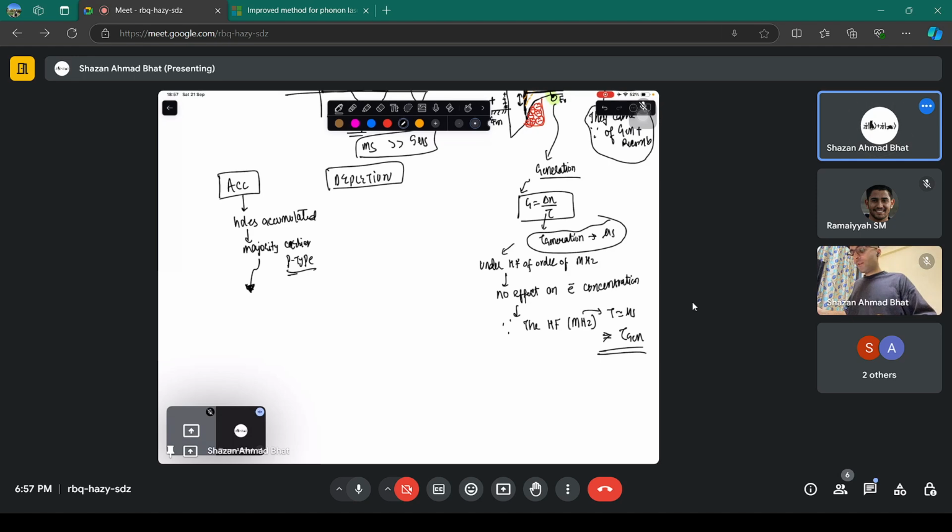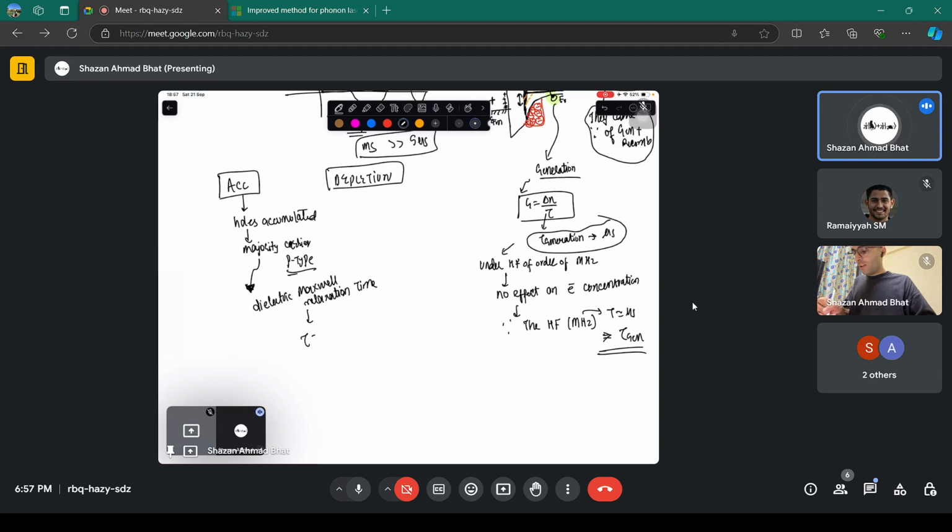And why do they quickly respond? Because there are majority holes present in that system. They are not created by the generation mechanism, just like the electrons. And there is a time associated with it, something called the dielectric or Maxwell relaxation time.